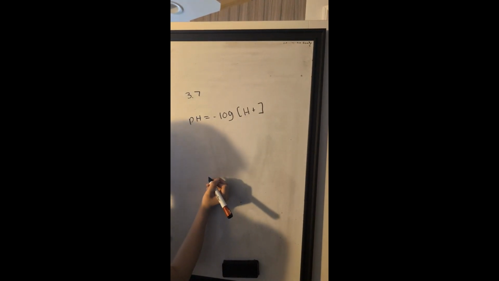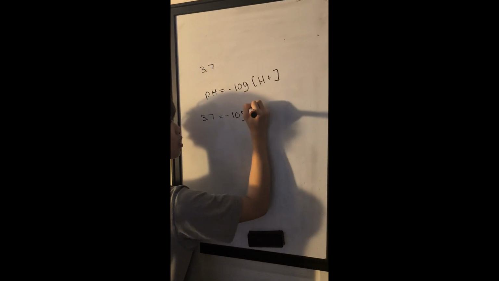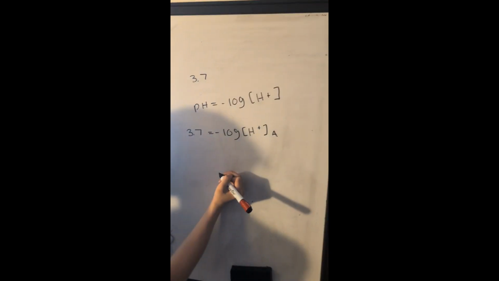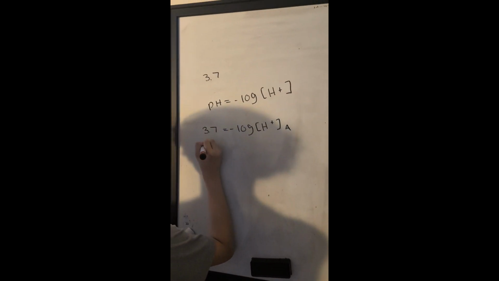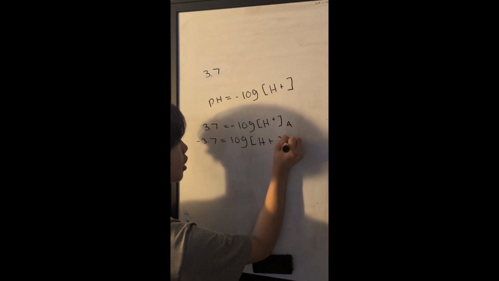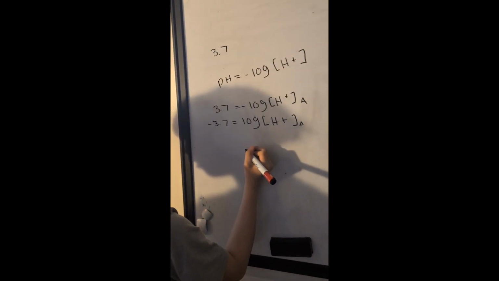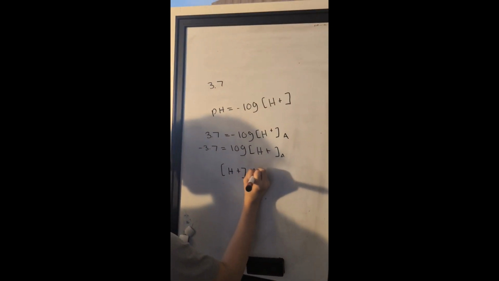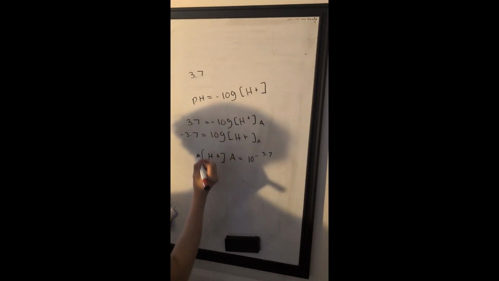So we have to find the concentration of A by using 3.7 is equal to negative log H plus A. Now we multiply both sides by negative 1 to cancel out the negative, so it'd be negative 3.7 is equal to log hydrogen ion A. Since we know log is base 10, we can rewrite the other side as H plus A is equal to 10 to the negative 3.7.